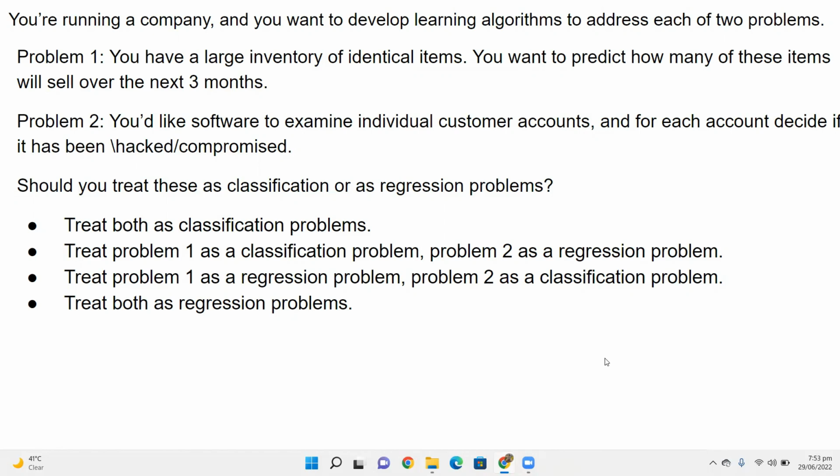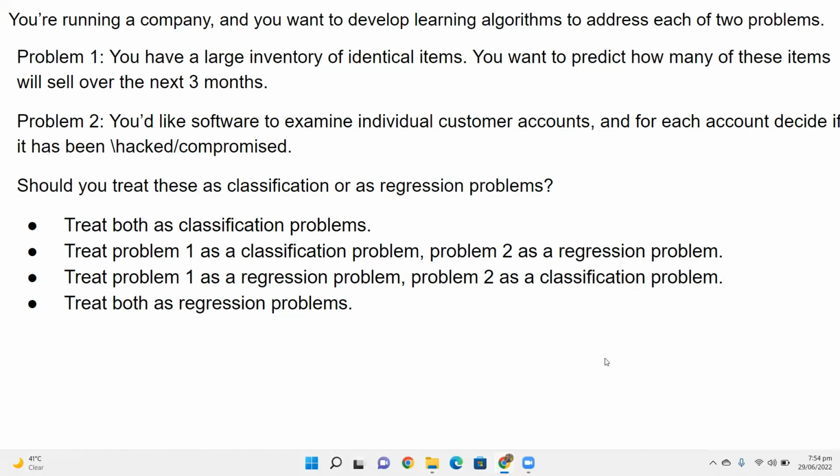For problem one, I would treat this as a regression problem, because if I have thousands of items, I would probably just treat the number of items I sell as a real value, a continuous value. For the second problem, I would treat that as a classification problem, because I might set the value 0 to denote the account has not been hacked and set the value 1 to denote an account that has been hacked into.